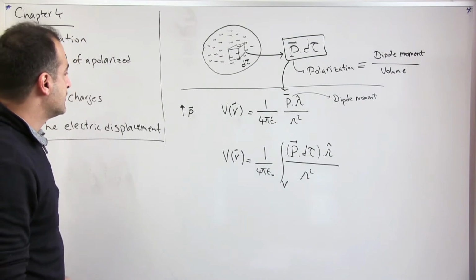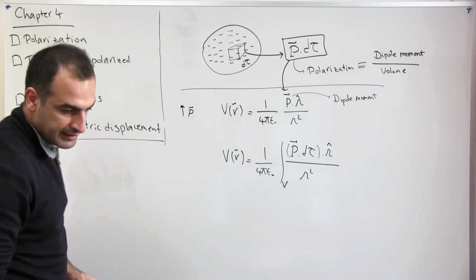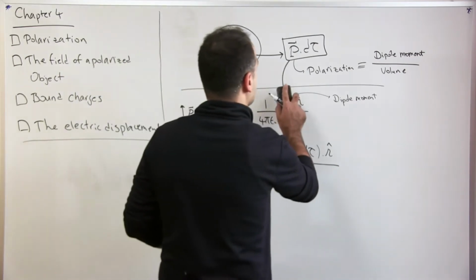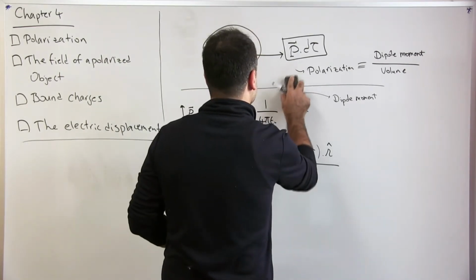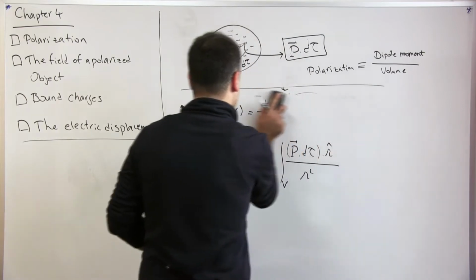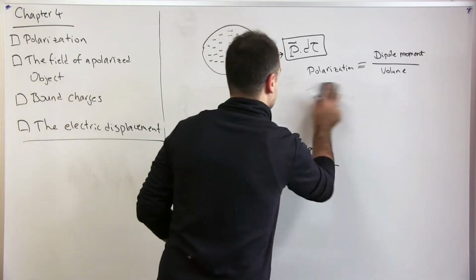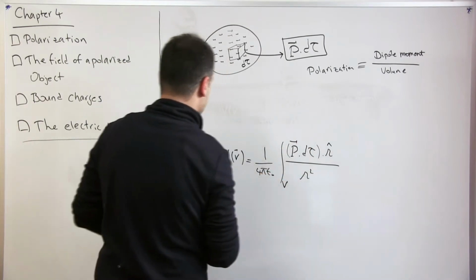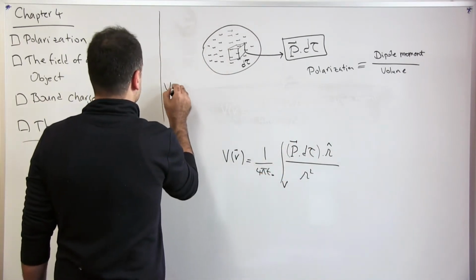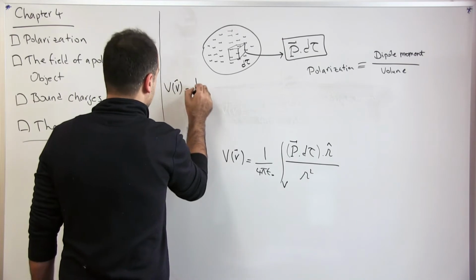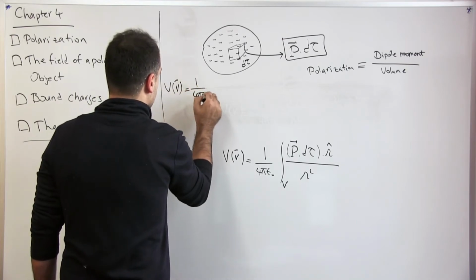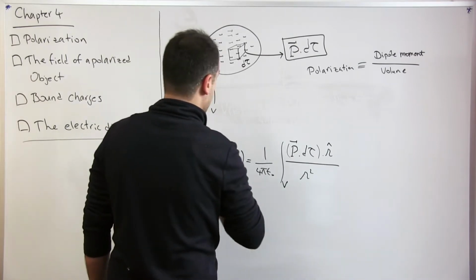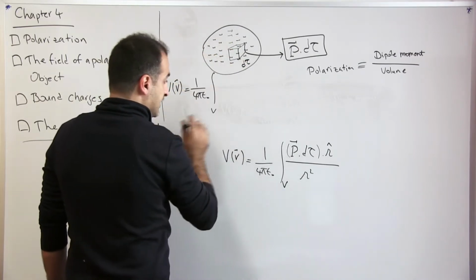Okay, so to make things a little clearer and to create more space, I'm going to get rid of this and also the whole equation here. And I'm going to rewrite this up here because I want to expand it. So this is my starting point: 1 over 4 pi epsilon 0 integral over the volume of this dielectric material.